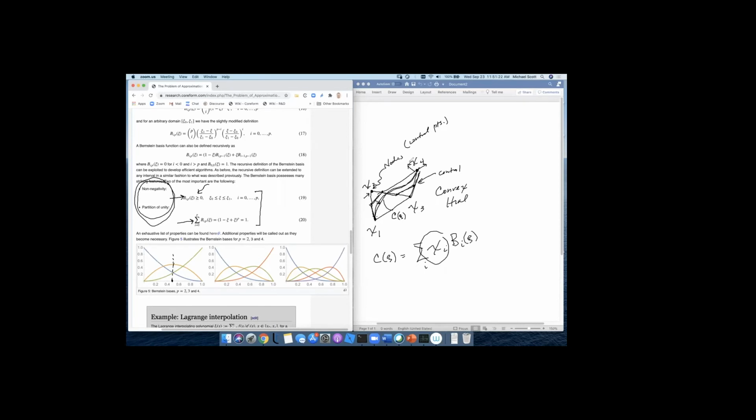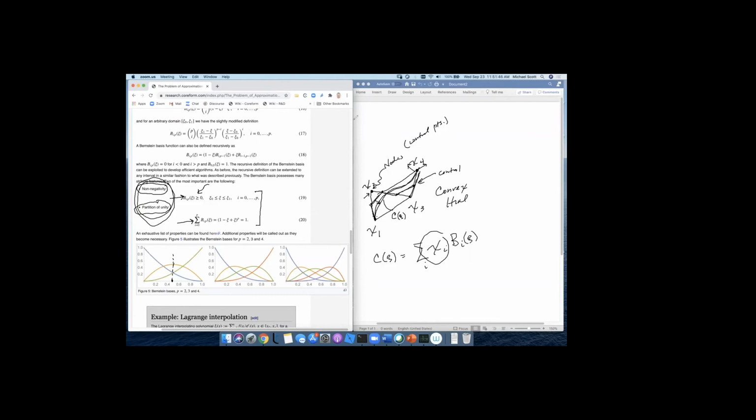And also, what we're going to learn from an approximation point of view is very powerful as well. But you should realize that mathematically, these are the two ingredients that matter: non-negativity and partition of unity. That's why we get this picture.